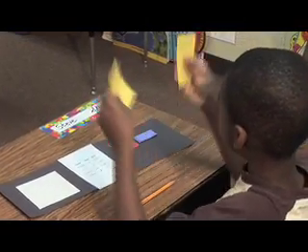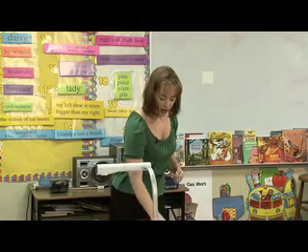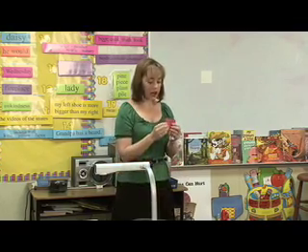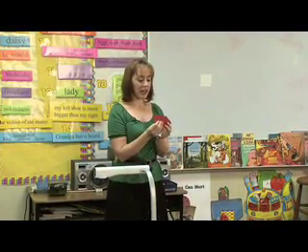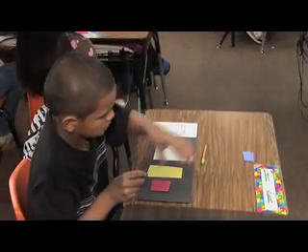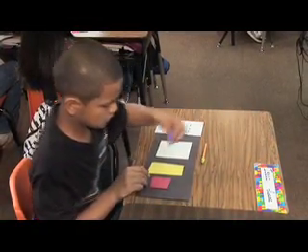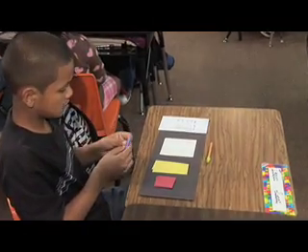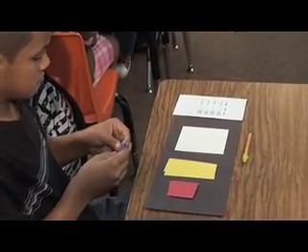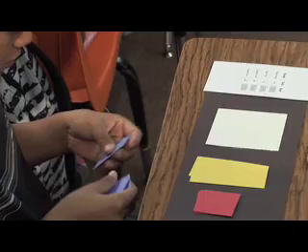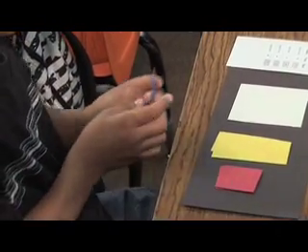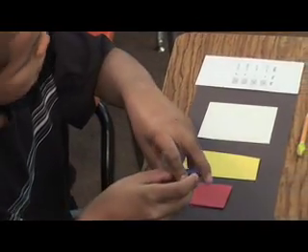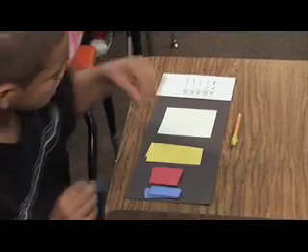Yes. Good. And 4 squares of red paper? Yes. Okay. 8 rectangles, smaller rectangles, of blue paper? Yes. All right. And you're also going to need a pen or pencil.